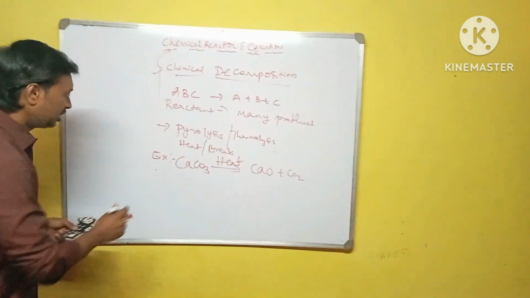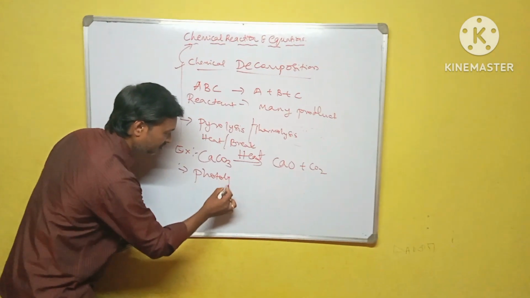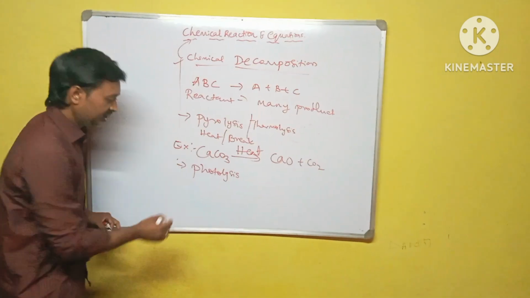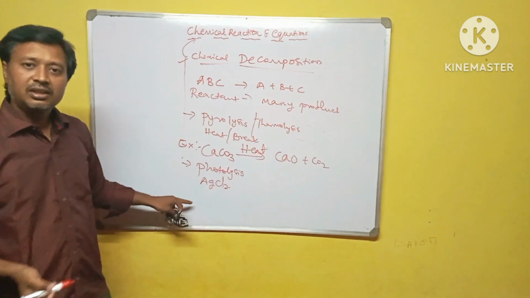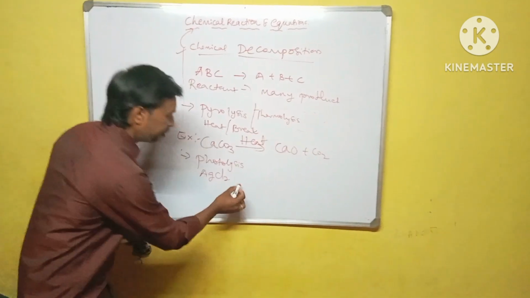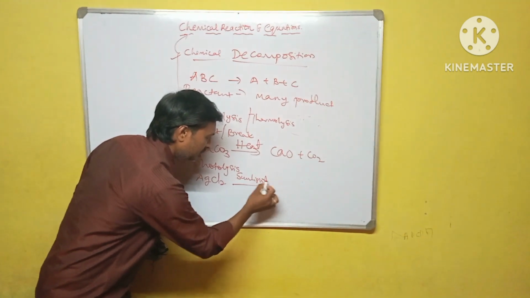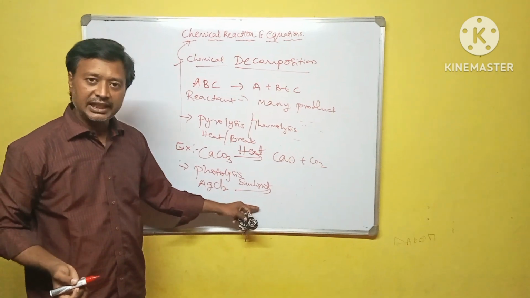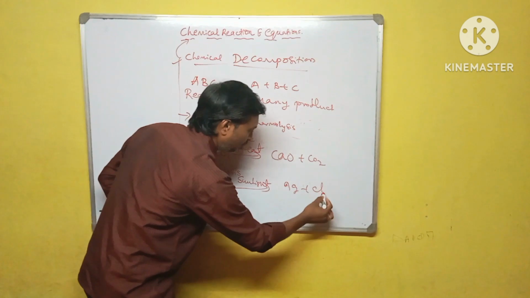Is it clear? Next one is photolysis. Take silver chloride. In presence of sunlight, it breaks into silver and chlorine.